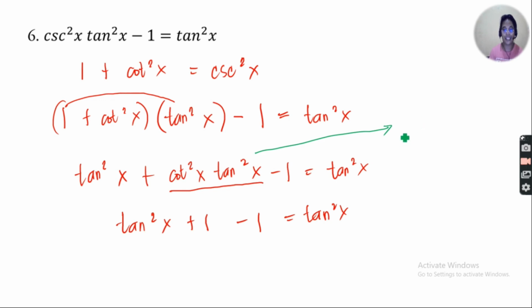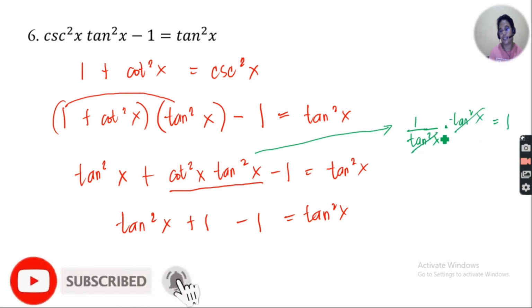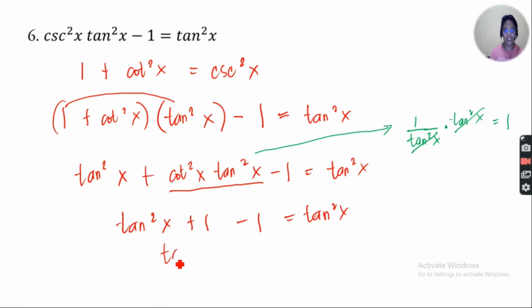So, ang cotangent squared x ay 1 over tan squared x times tangent squared x, kaya naging 1 na lang. So, na-cancel 1 na po. So, our final answer, we have tangent squared x, since 1 minus 1 is 0. So, equal to tangent squared x po.